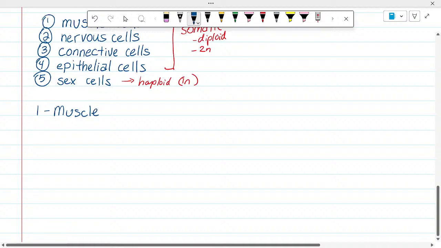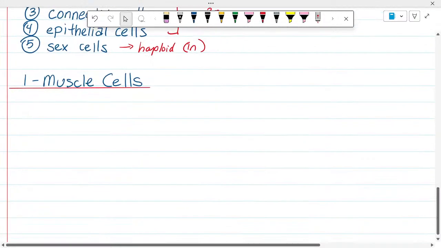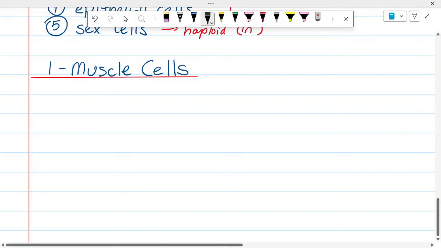Really quickly, what's true about a muscle cell? It makes muscle. I mean, saying muscle cells are muscles is true. I'm not going to write it, but it is true.